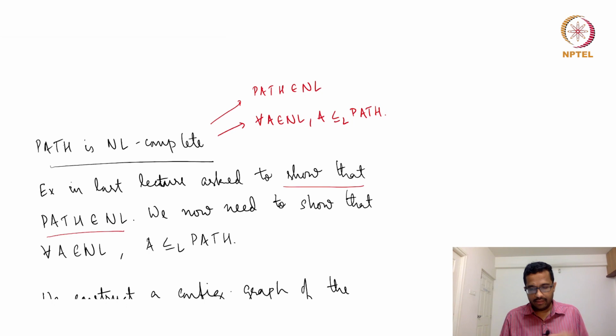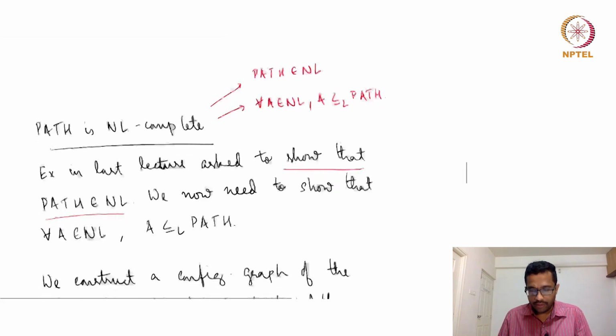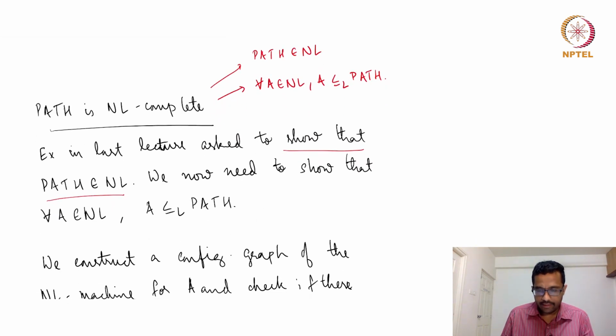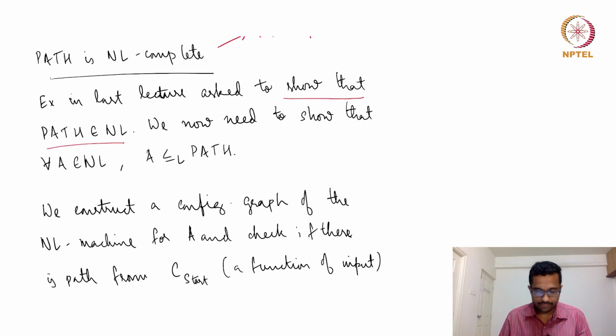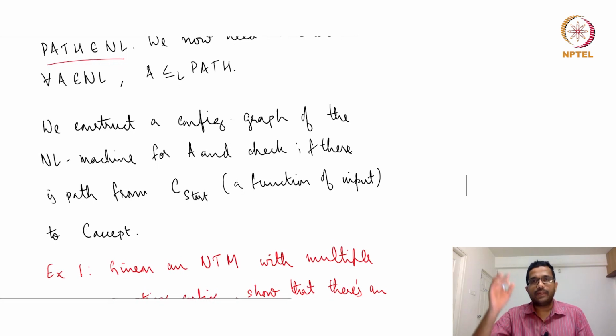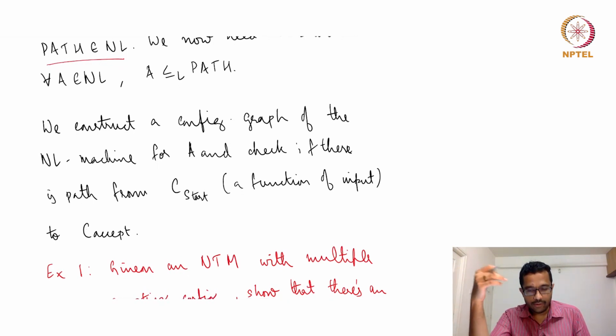Now we need to show that for all A in NL, A reduces to PATH, which is the main part of the reduction. If you have paid attention in the previous lecture, you may guess what is going to come. We can construct a configuration graph for A, since A is in NL.